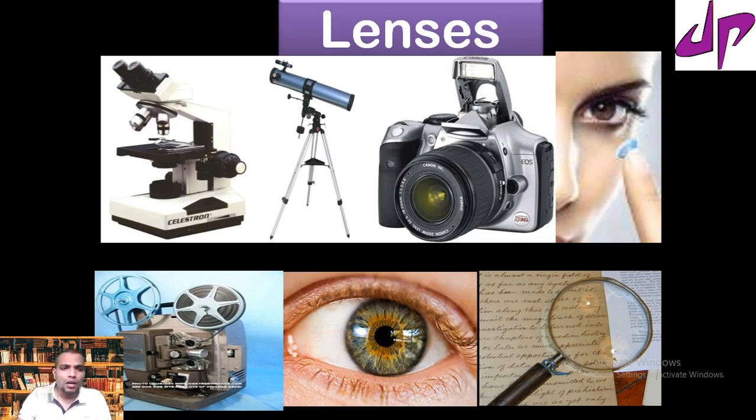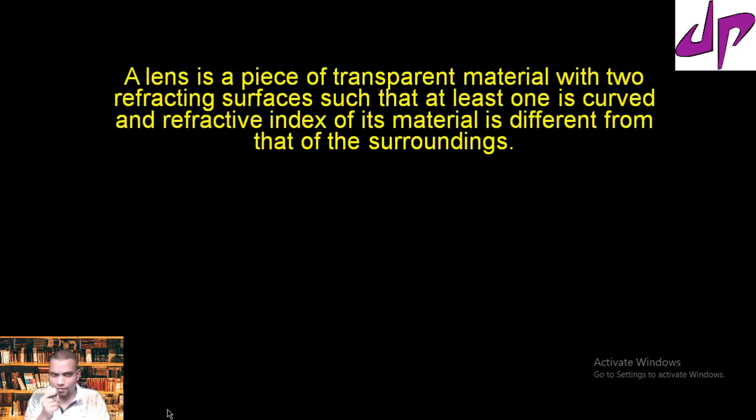So let's look at the lens. If you define it, a lens is a piece of transparent material with two refracting surfaces such that at least one is curved and the refractive index of its material is different from that of the surroundings.